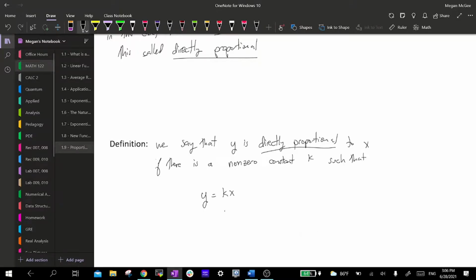Alright, where k is called our constant of proportionality.